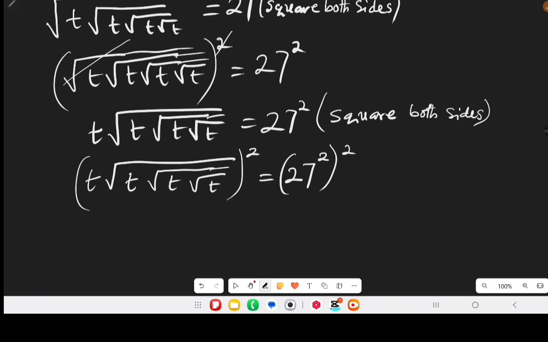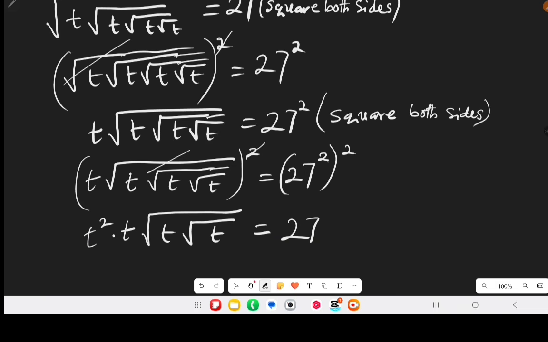If we move further, when we square t, we have t squared. The square cancels the square root here, leaving t, root of t, and root of t equals 27. We can multiply the power here: 2 times 2 gives us 4.